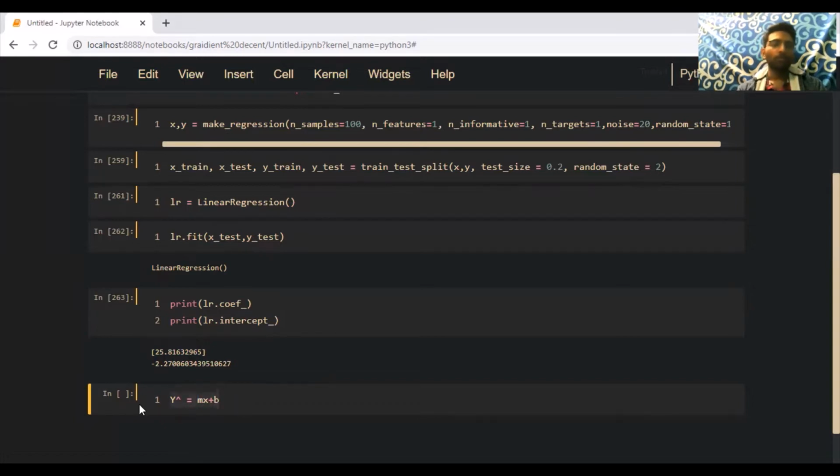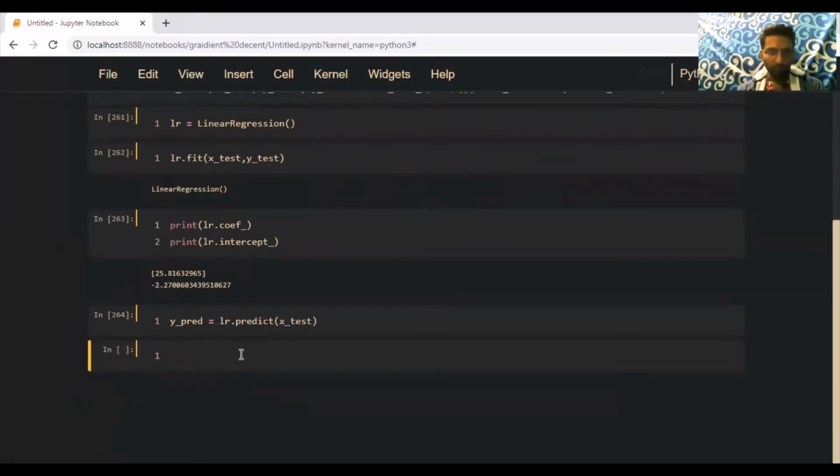Now we can also check the R2 score, using y test and the predictions.